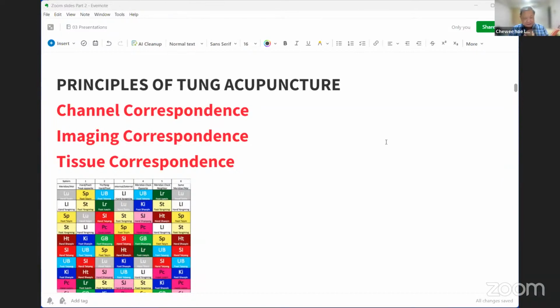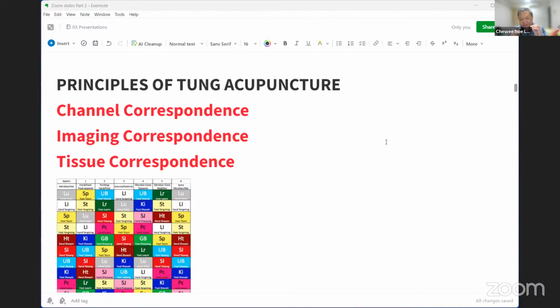So, principles of Tung Acupuncture. How come Tung selects certain points for certain things? His theory, he uses channel correspondence. The word correspondence means relation, all right? So channel, relation. What is channel? This channel is the TCM channels.